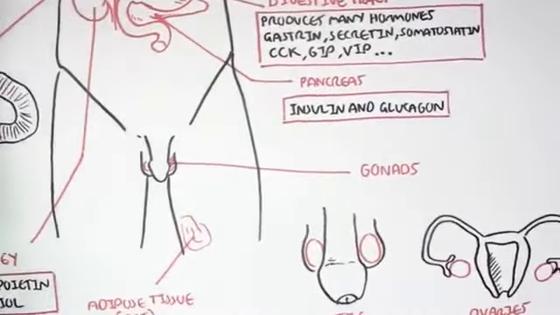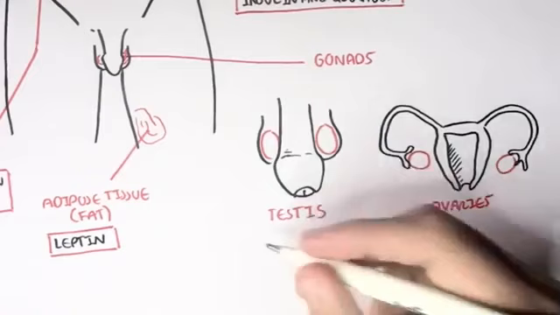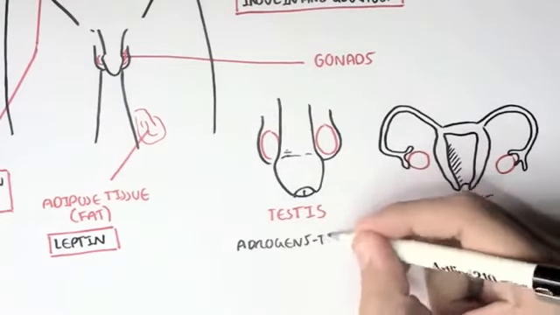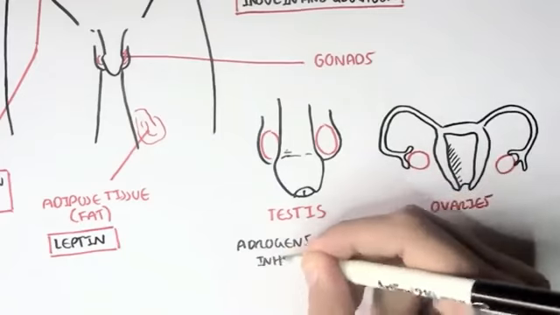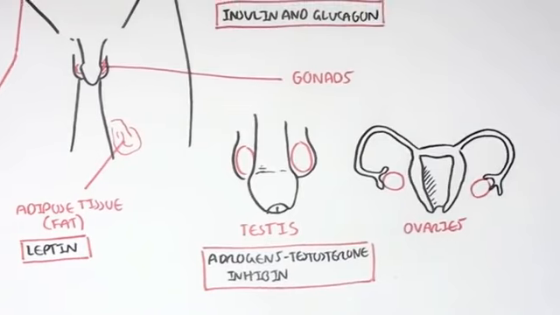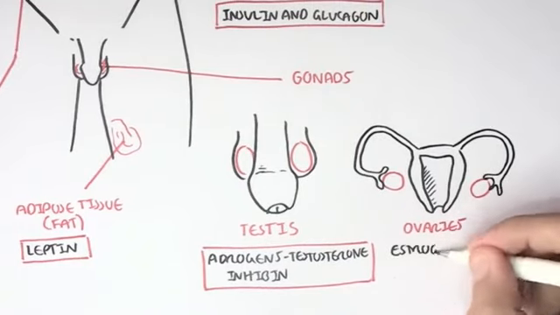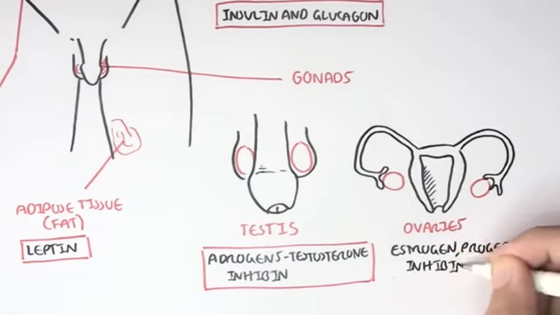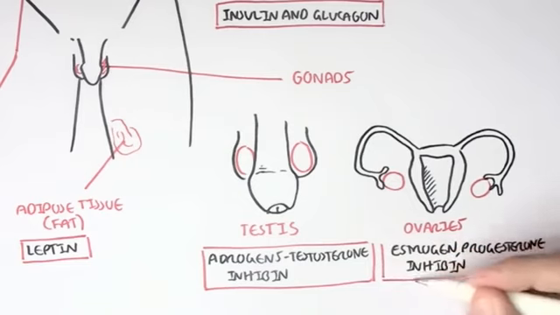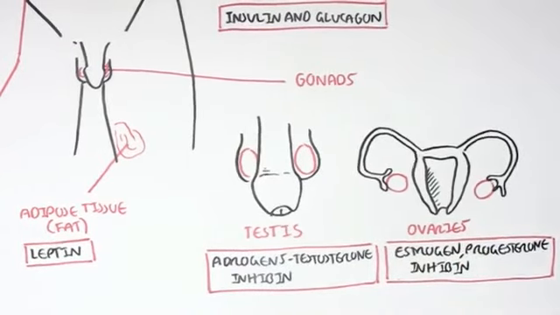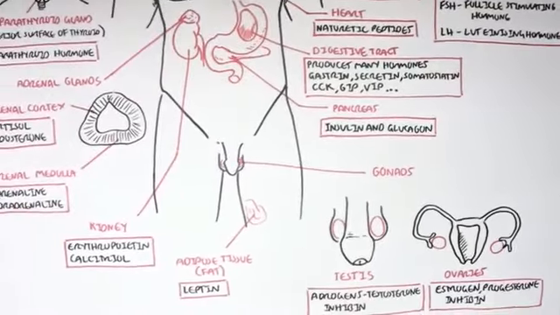In the testes we have cells that secrete androgens such as testosterone, which is important for promoting male characteristics as well as sperm production. And in the ovaries, for the female, we have important hormones being secreted such as estrogen and progesterone, which are important in female characteristics and egg production.